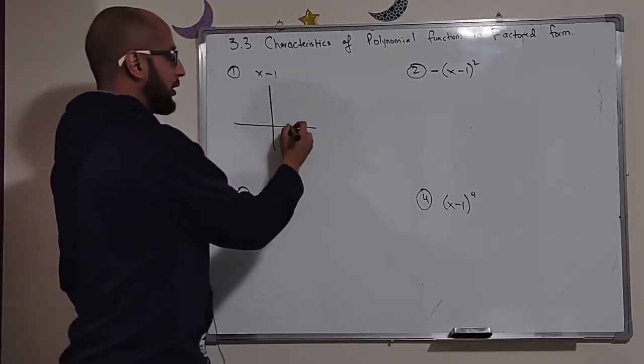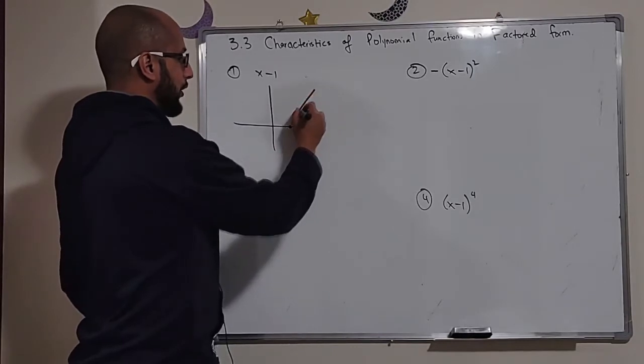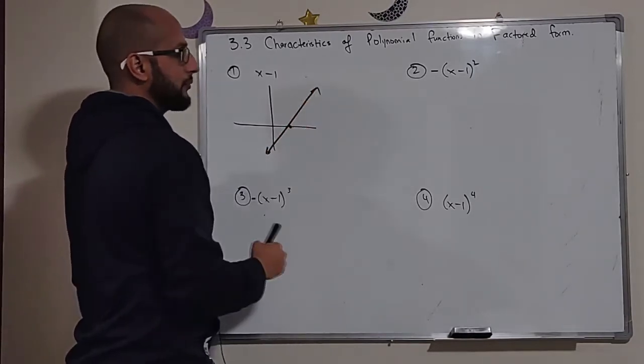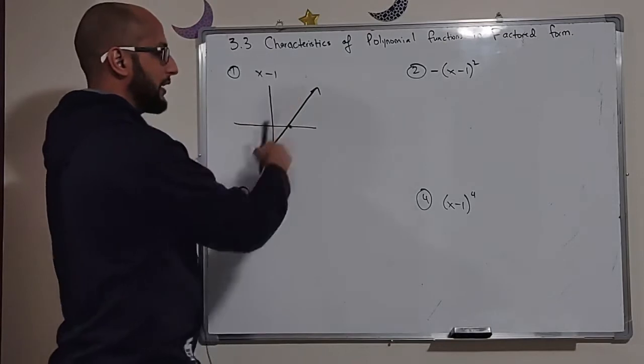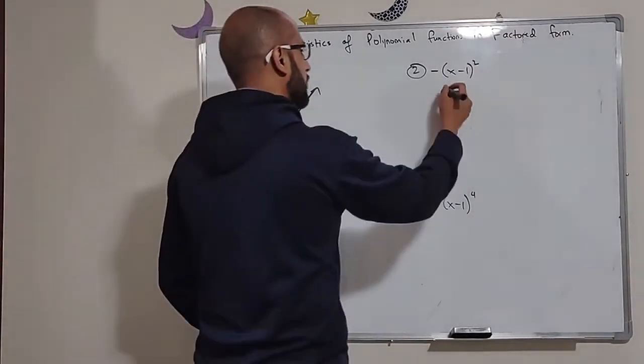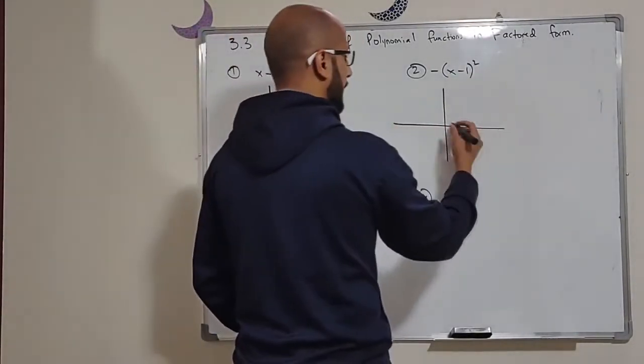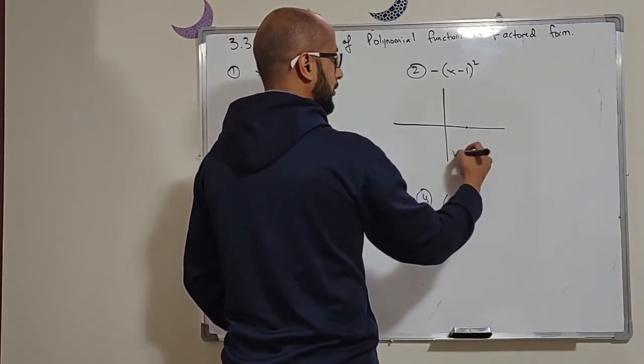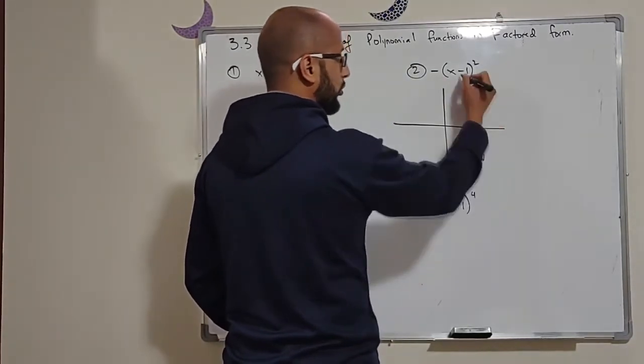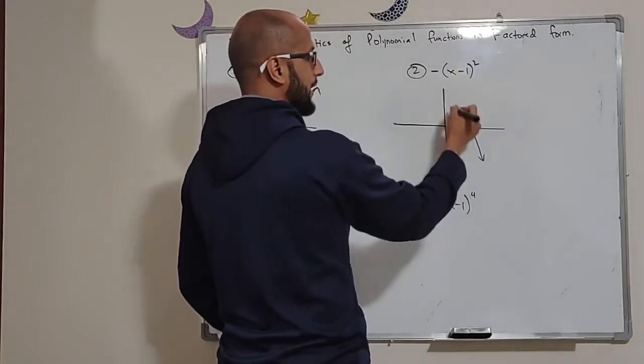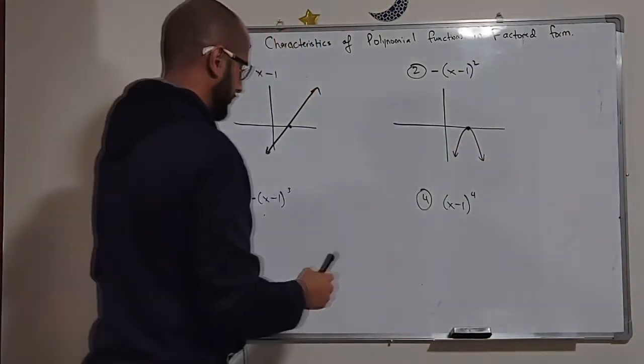So x minus 1 is a function that goes through as a line, right? X minus 1 is a linear function. When it's squared, it is a parabola that goes through 1. But it's negative, so it's opening down.